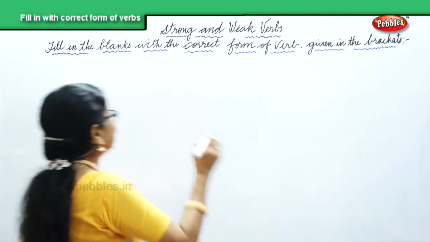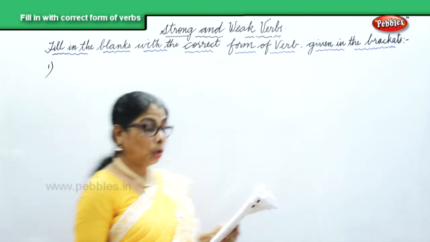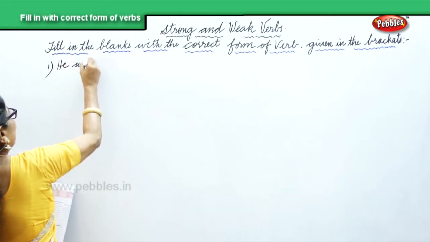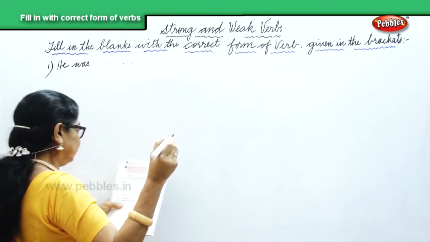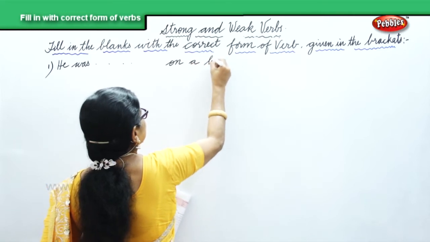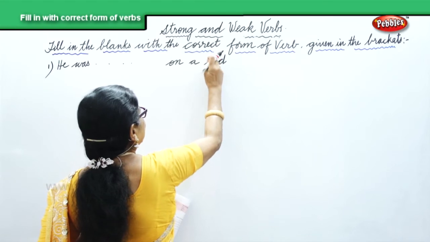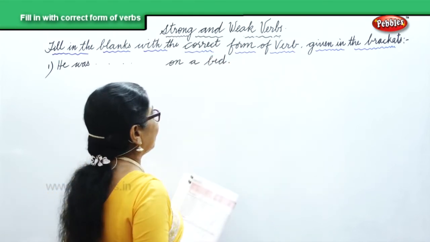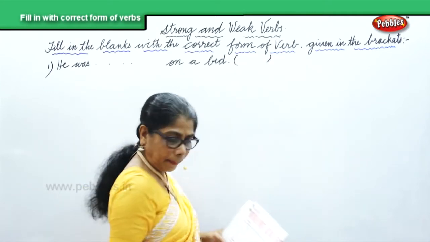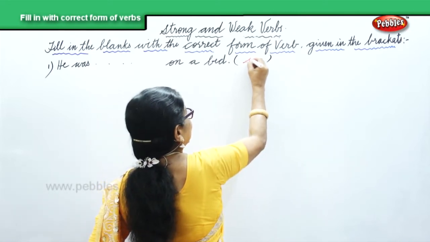Now look at the sentence that I'm writing. The first one I have here is, he was dash on a bed. The word given to you is sit.